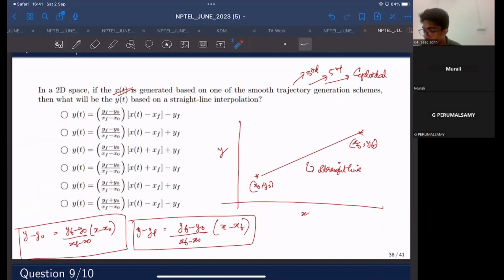If you take this y0 over to the other side, everything is given with respect to yf. So if you take this yf to the other side, I think the correct answer is (x minus xf) plus yf. So option B is the correct answer.